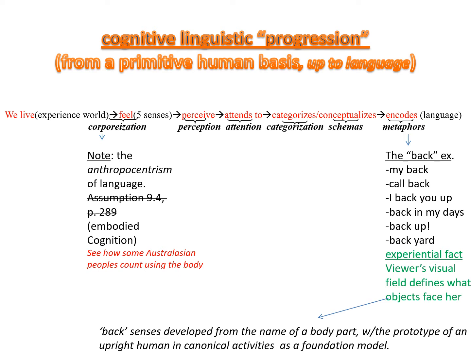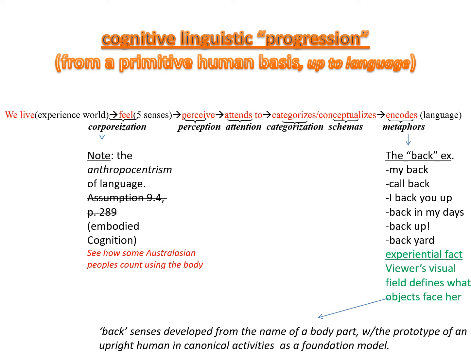We feel with our ears, eyes, hands, with our five senses basically. We call this particular part of the process of conceptualization corporization. Corpor comes from the idea of body or embodiment.